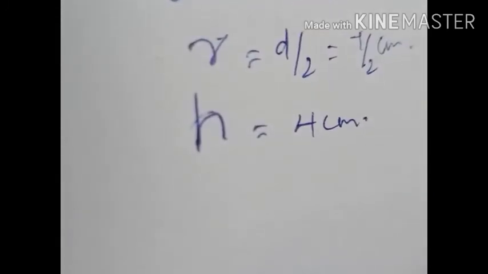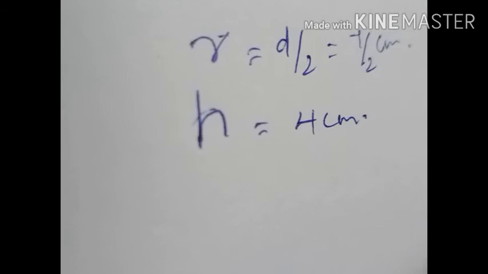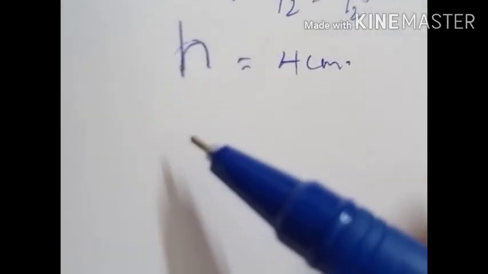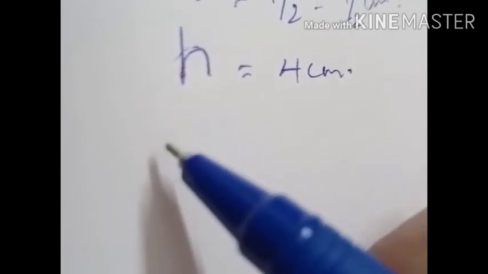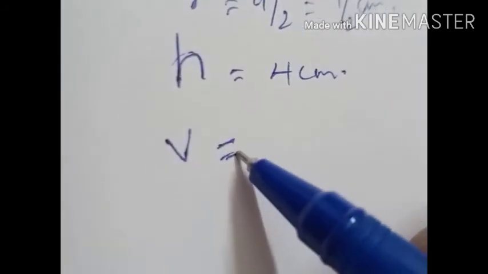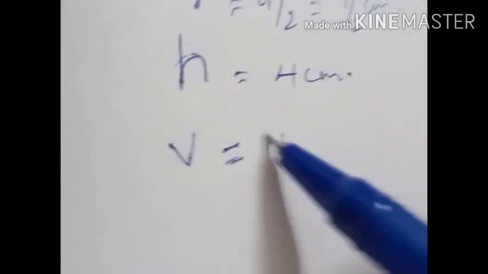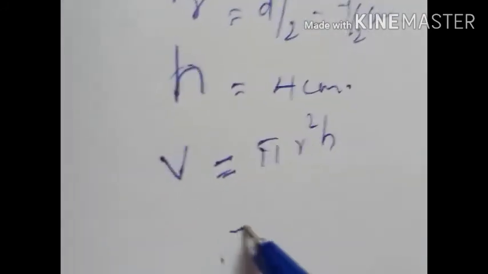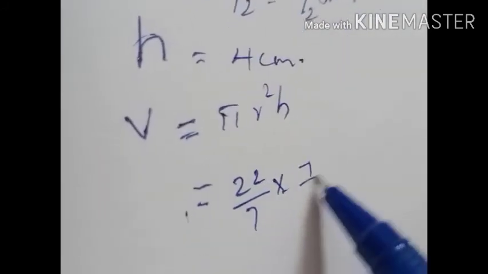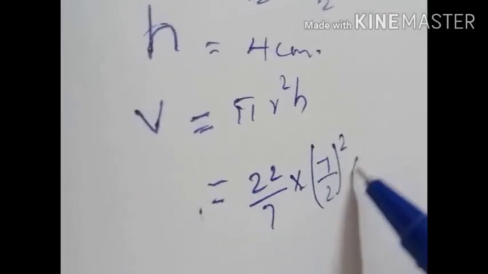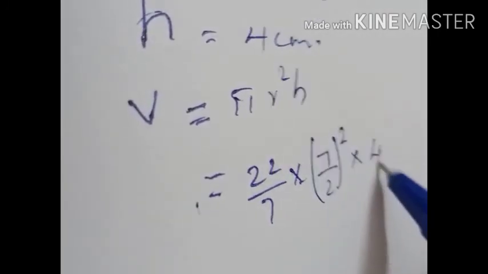And here the volume of the cylindrical bowl we have to find first. Then only we will get the quantity of the soup required for one patient. So volume of cylindrical bowl is equal pi r square h. Substitute the values of pi 22 by 7, r is 7 by 2, so 7 by 2 square, and h is 4. This much centimeter cube.